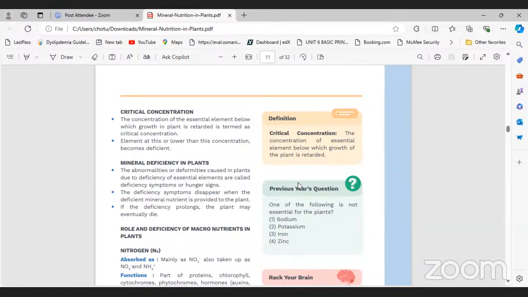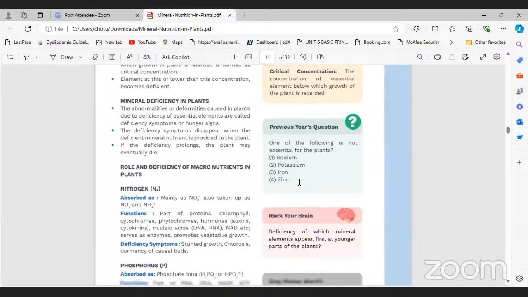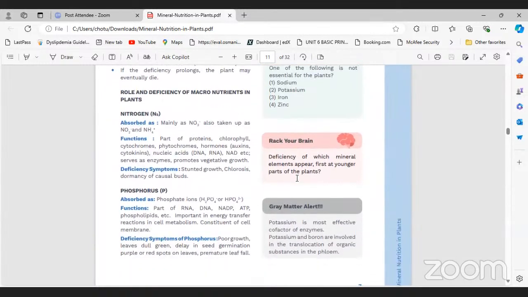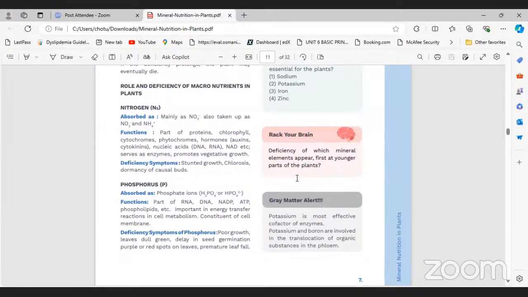The deficiency symptoms disappear when the deficient mineral nutrient is provided to the plant. If the deficiency prolongs, the plant may even die. Now the role and deficiency of the macro elements. I'll explain the first one, the macro elements.